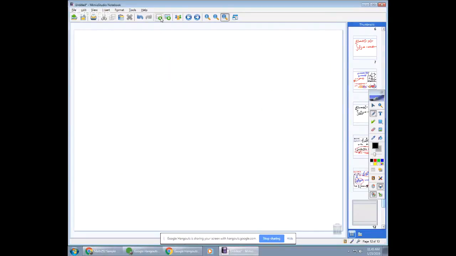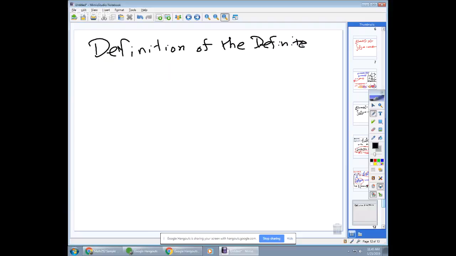That's one of the questions on the sample test. So the definition of the definite integral: the definite integral is the integral from a to b of some function f of x dx.